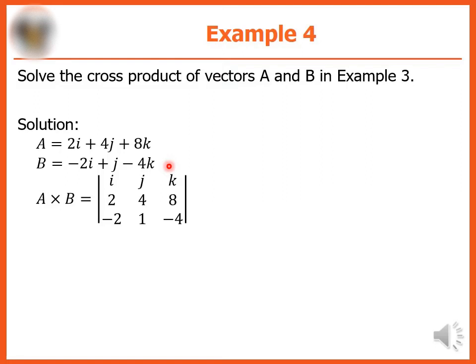We're going to solve for the determinant of this matrix. For the first row you have i, j, and k. For the second row, you have the coefficients of vector A: 2, 4, and 8. And for the last row, the coefficients of vector B: negative 2, 1, and negative 4.